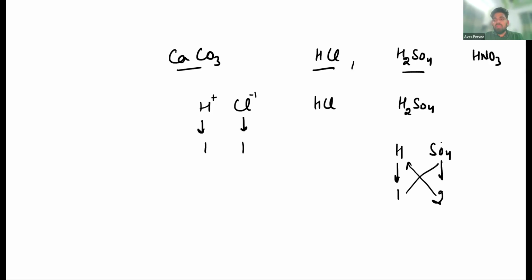So SO4 has -2. If I memorize the formula of H2SO4, then I can remember that the 2 has come from SO4, which means SO4 has -2 valency.